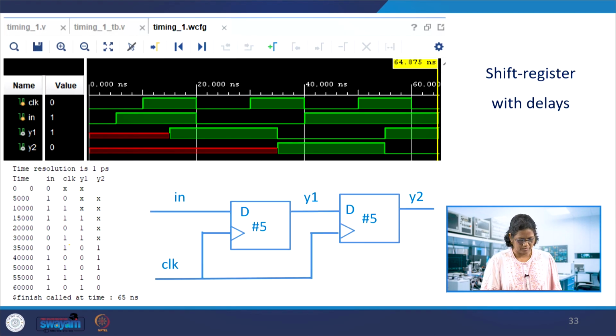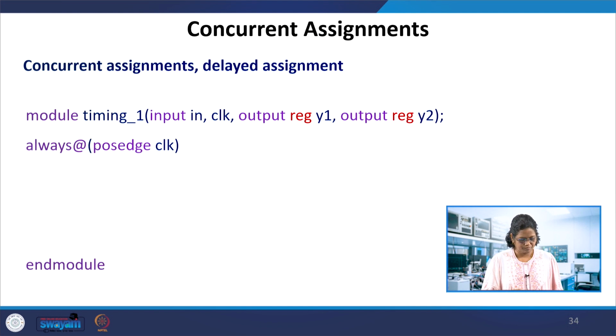So in this case you can see the input is assigned after 5 time units. This is assigned after 5 time units. Here it is assigned after 5 time units, and then the old value of y1 is transferred to here, and to y2. So it's just a shift register with delays, intra-assignment delay.